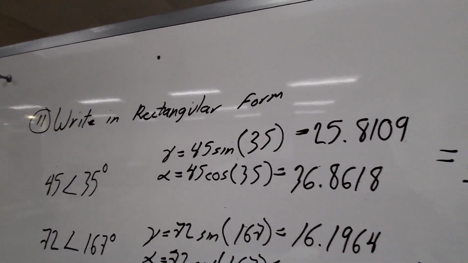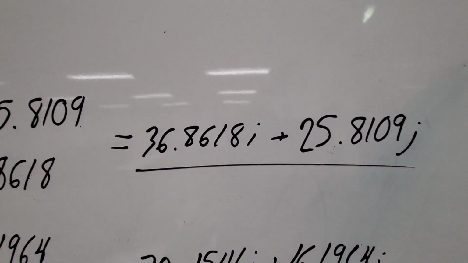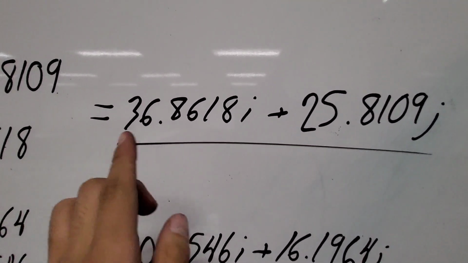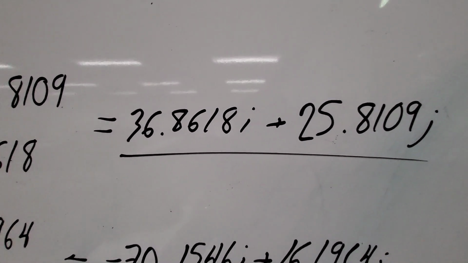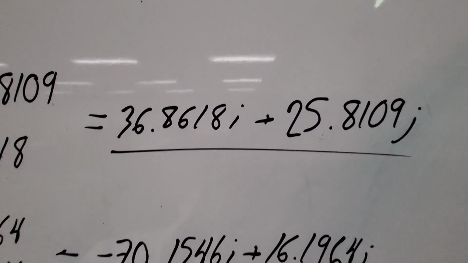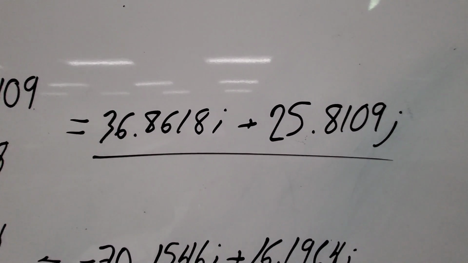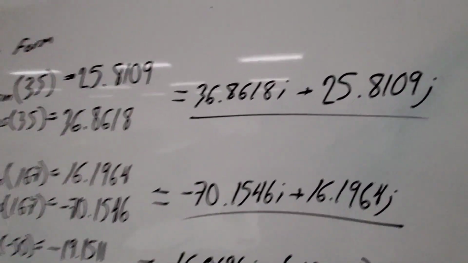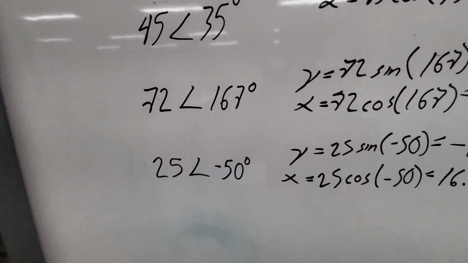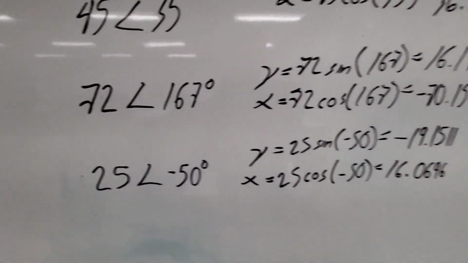With these coordinates, this is our answer: 36.8618 i plus 25.8109 j. And it's the same procedure for number 2 and number 3.